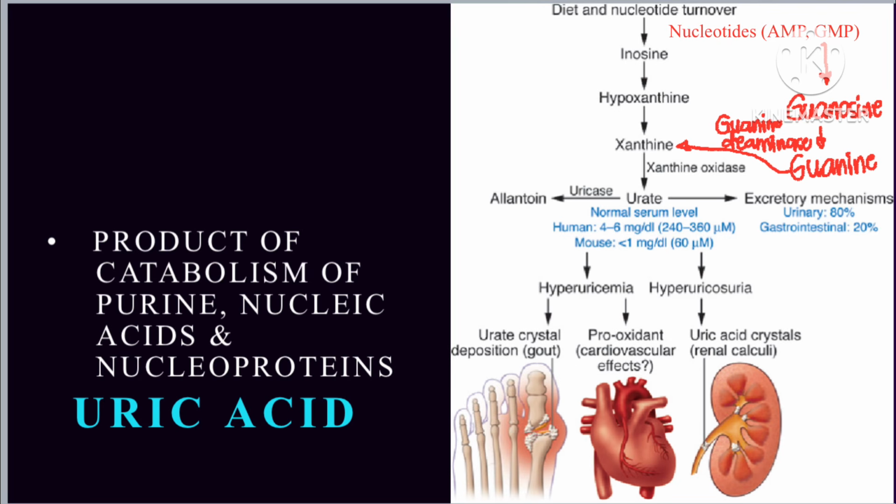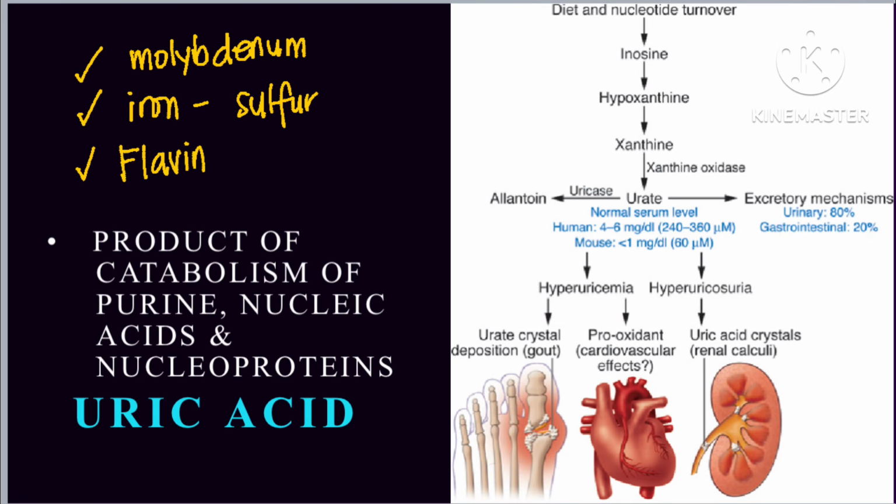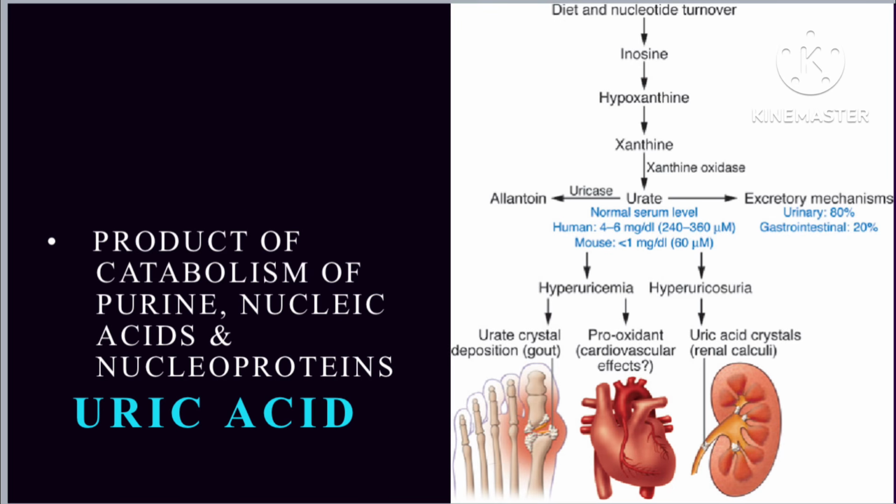What is it again? If you can remember in your lecture, it is oxidized by the enzyme xanthine oxidase to produce uric acid. This enzyme is mainly active in the liver and small intestines and requires cofactors such as molybdenum, iron or sulfur, and flavin groups to function effectively.